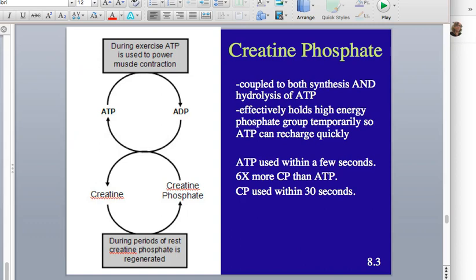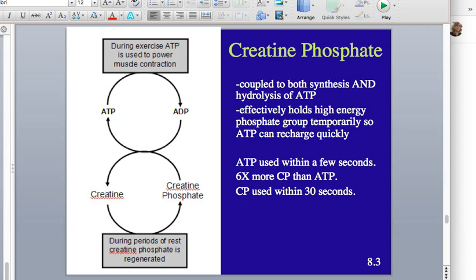This is coupled with synthesis and hydrolysis of ATP. Basically our muscles hang on to some creatine in order to have another source of energy during muscle contractions. A lot of times people take creatine powder when they're bodybuilding or training. The problem is that our digestive system doesn't let you absorb a lot of creatine because it doesn't recognize it as something really important.